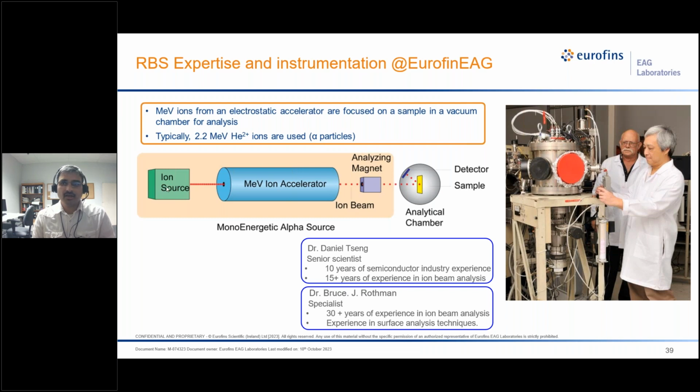Ions are generated in an ion source at low energy, roughly around 25 keV, and these are accelerated in a high voltage terminal. The maximum voltage of the terminal is 1 million volts. In the analyzing magnet, we monochromatize the beam and focus it using beam optics down to the sample, which is situated in a high vacuum chamber.